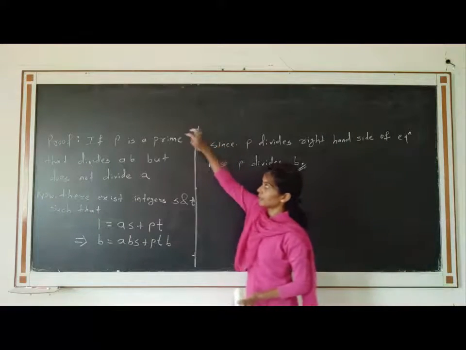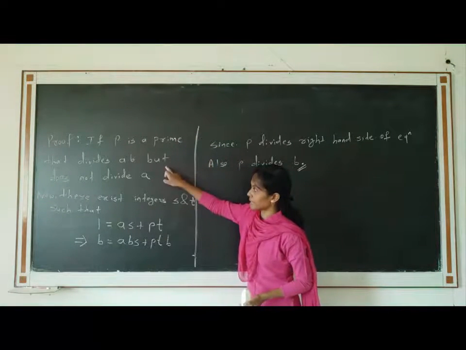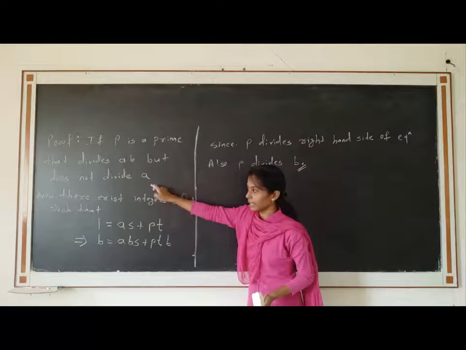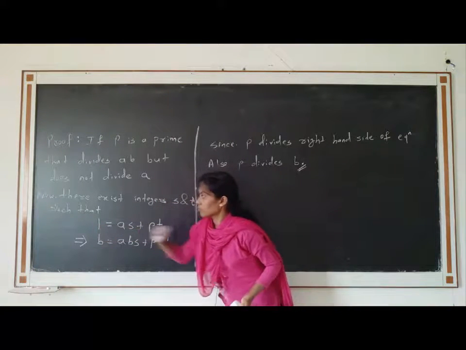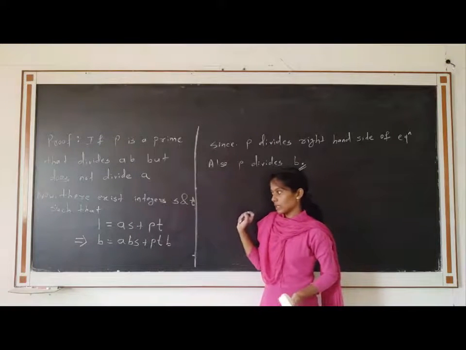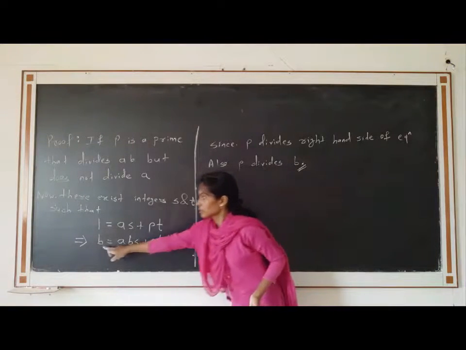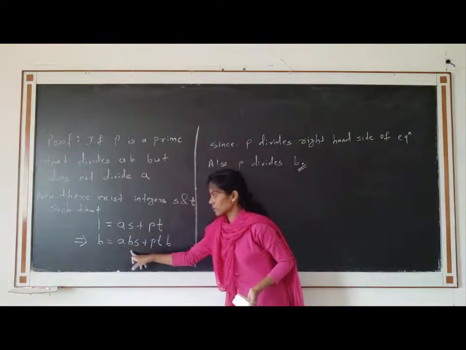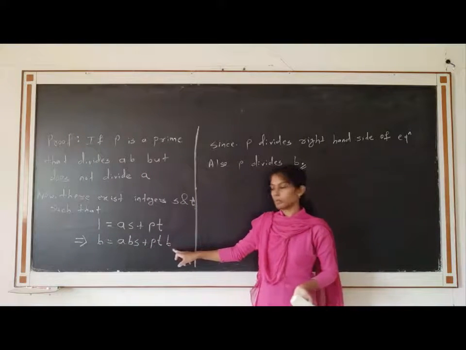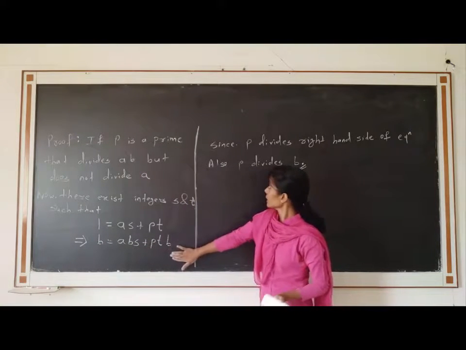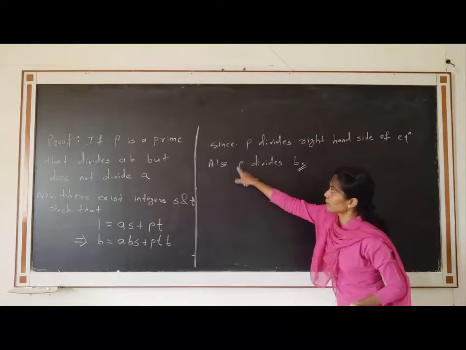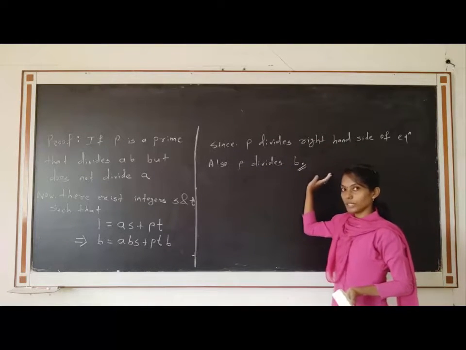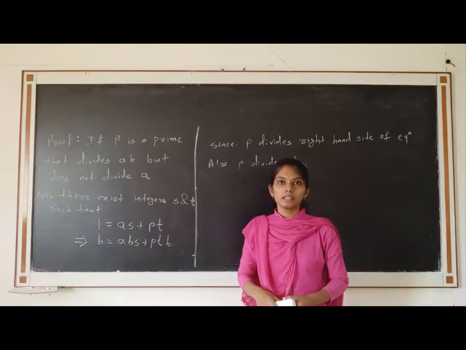First we assume that P is a prime that divides AB but does not divide A. So there exist integers S and T such that 1 is equal to AS plus PT. Then this equation implies B is equal to ABS plus PTB. Now from this equation we get P divides the right hand side of this equation. So P divides B also. Okay. Thank you.